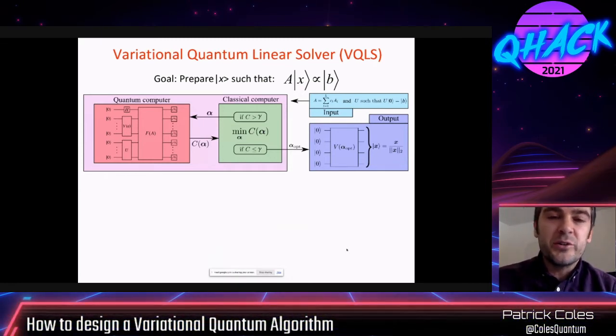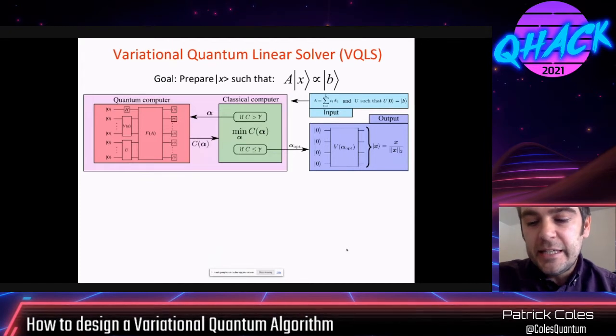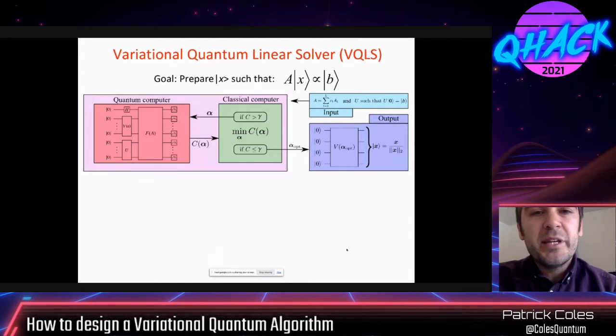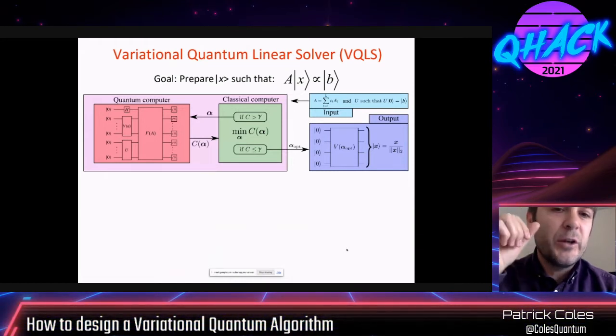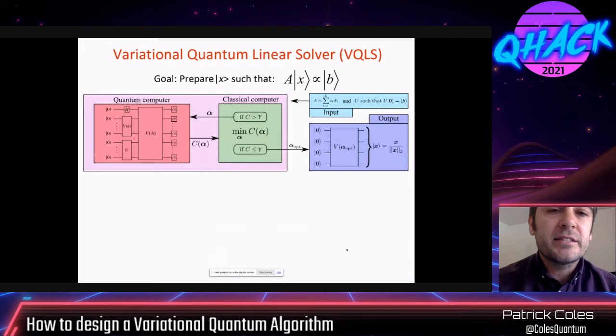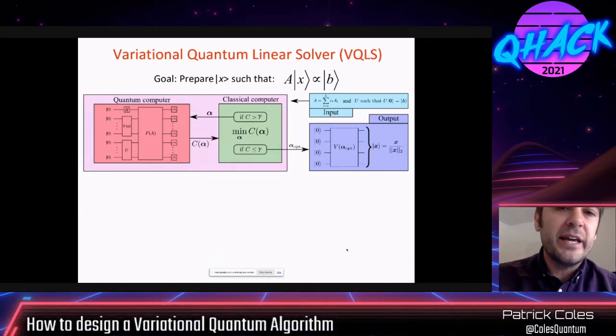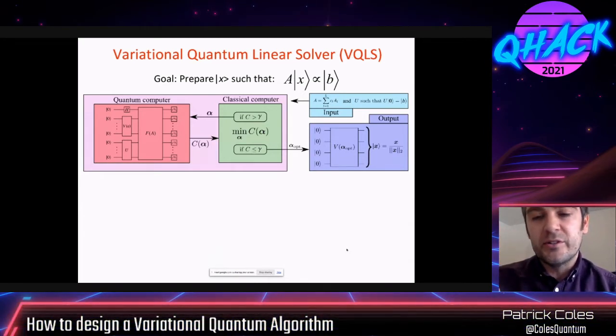Just to remind you, the quantum linear systems problem is slightly different from the classical one in the sense that you're really just aiming to prepare a state X such that AX is proportional to B, so AX has no component orthogonal to B. Then you can do measurements on the state X in order to learn something about the solution.